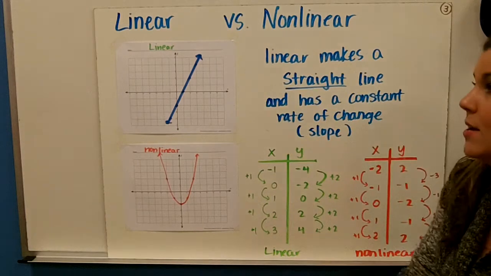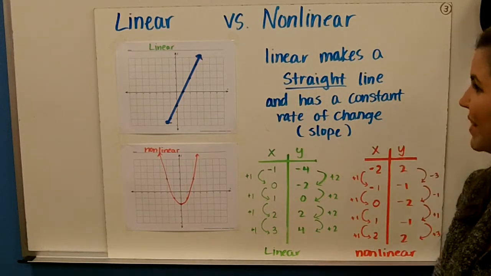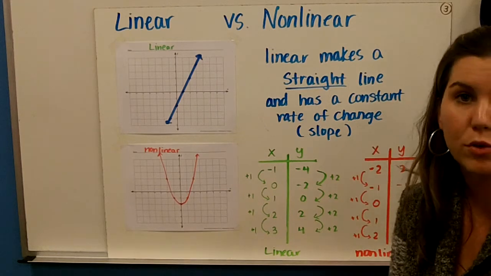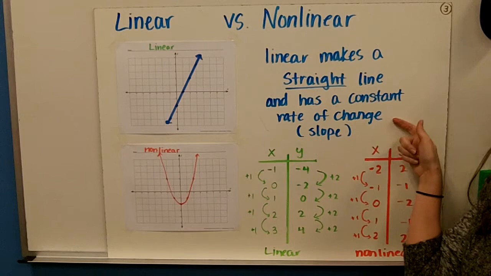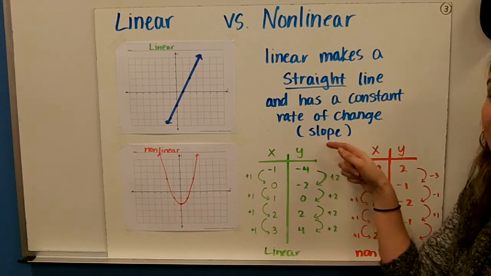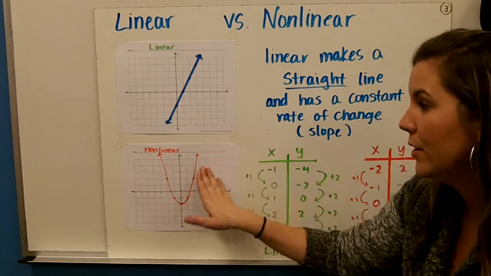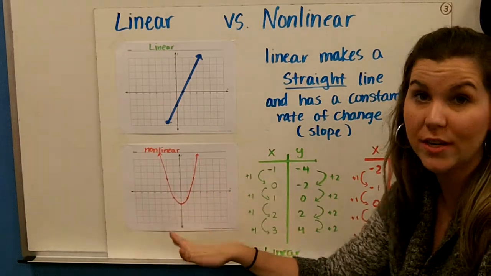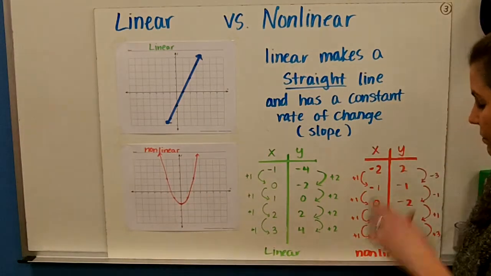It's easy to tell if you have the graph. If you have a table or a set of ordered pairs, you will need to check to see that it has a constant rate of change, meaning it has a constant slope. Here's a nonlinear function. It's a function, but it does not make a straight line, nonlinear.